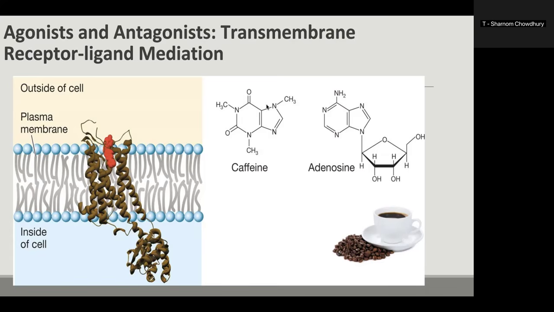Thus, caffeine reverses any sleep promoting properties and instead promotes wakefulness and alertness. So that's why caffeine itself does not necessarily promote wakefulness. It's the fact that caffeine blocks adenosine from binding to its receptors that promotes wakefulness.